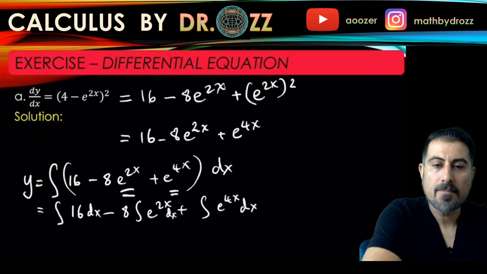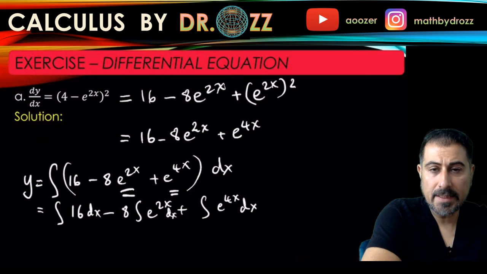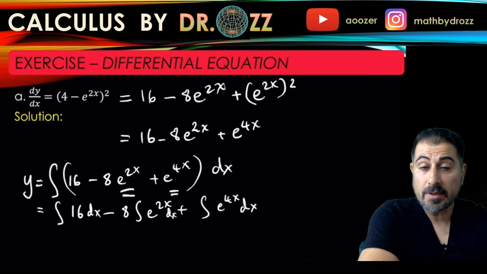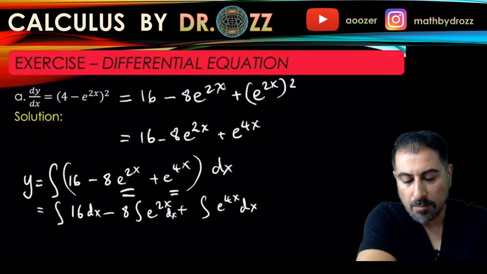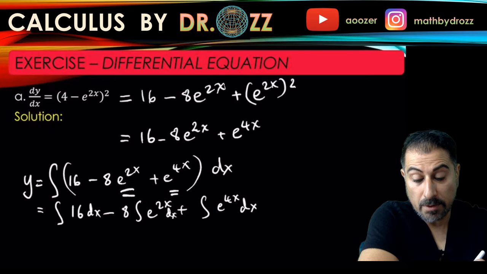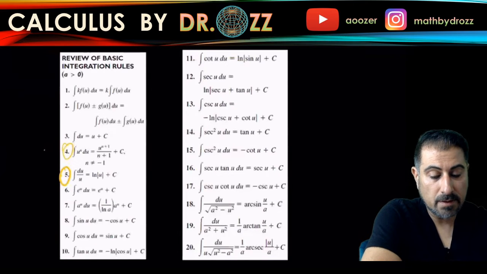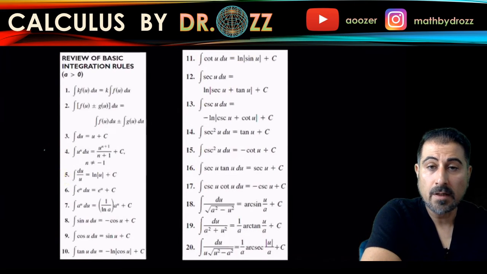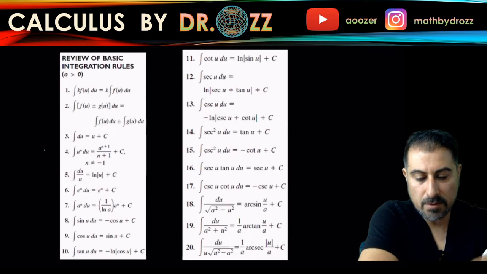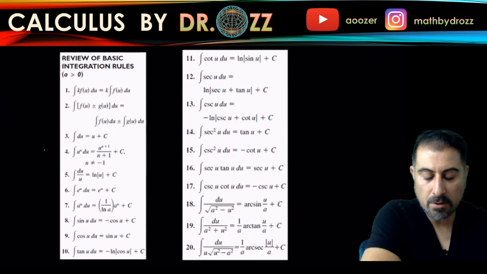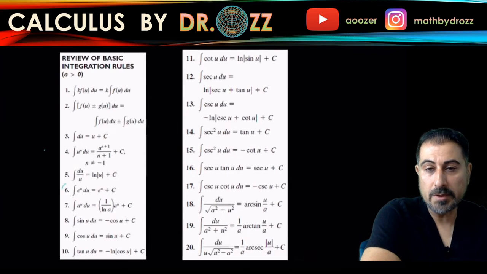The 16 dx is an easy shot, and you can use the basic integration rules I provided in earlier videos, with copies in the lecture notes. Eventually we're going to use number 6, because we have mostly exponential terms: e to the u du is integrated as e to the u plus c.